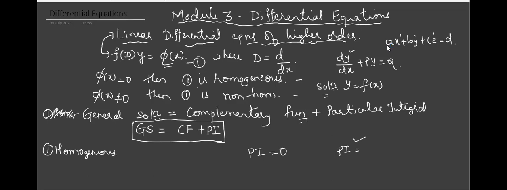If the RHS part is directly 0, you can say PI is also 0. So for a homogeneous differential equation, what do you have as the RHS part? 0. So what do you say about the PI for homogeneous? It is 0. So that means here if PI is 0, your GS depends on what?